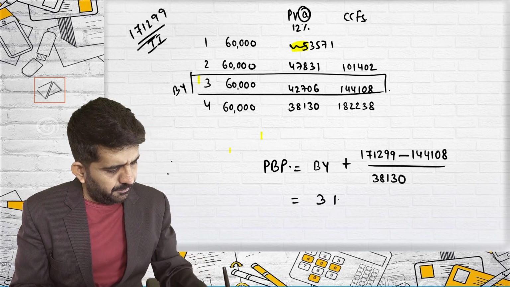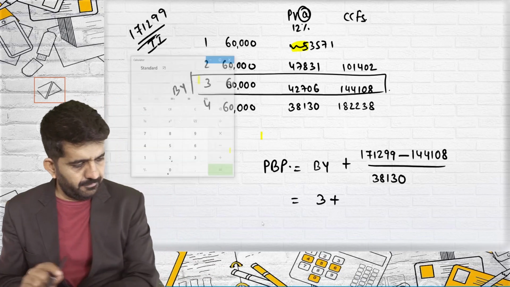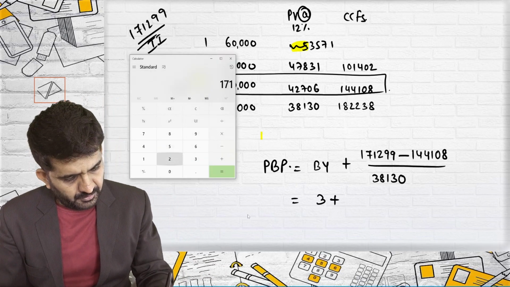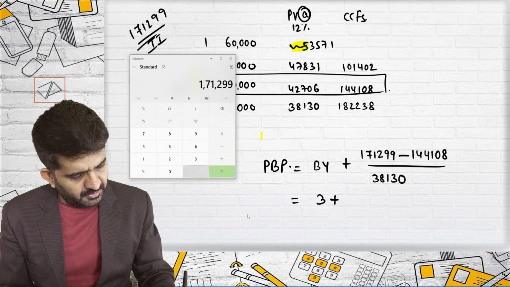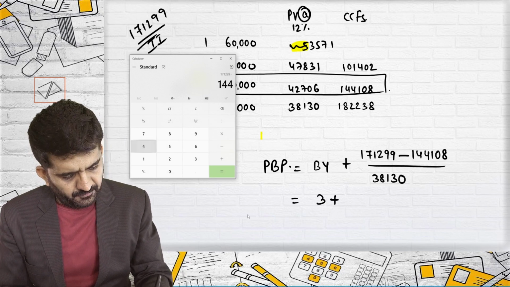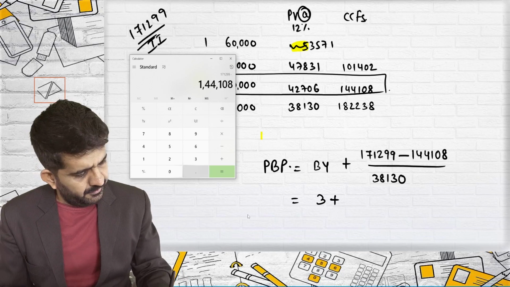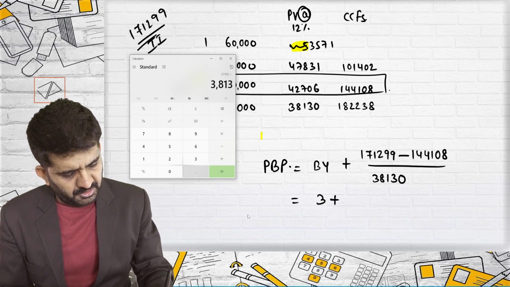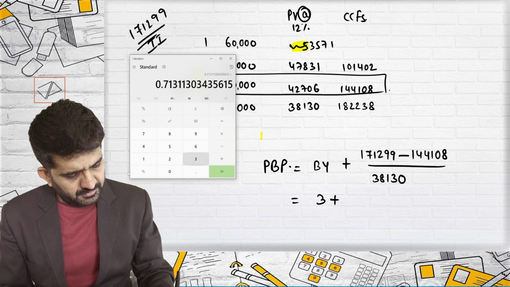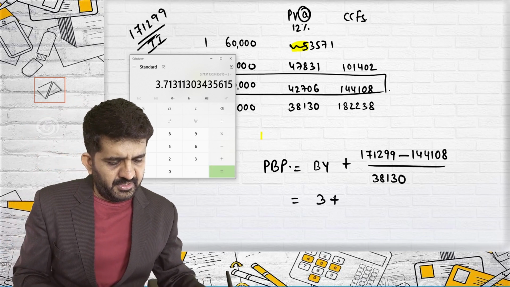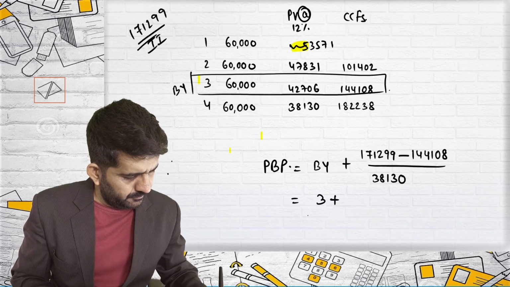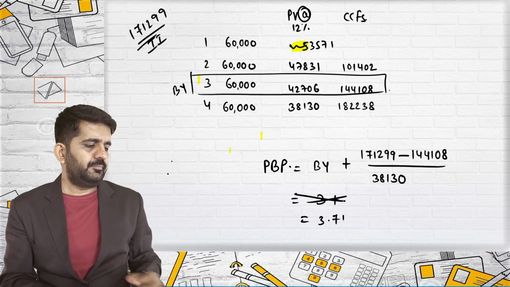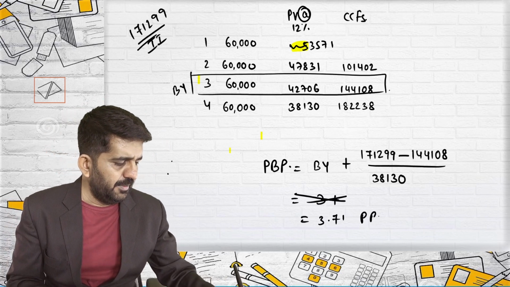Base year is 3 plus this, which is 3.7. That will be the payback period.